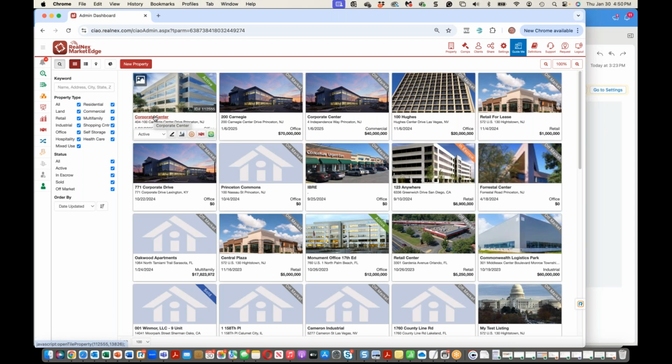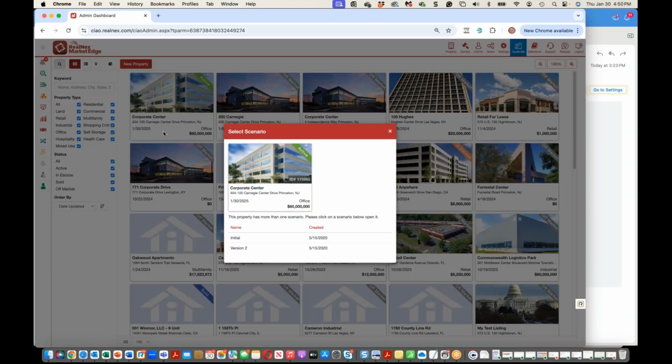And one of the things that I don't think you mentioned, you may have, but I just want to reinforce, inside of this, you actually have different scenarios that you can use. So you might model a conservative way, you might be aggressive, you might model it with different assumptions.